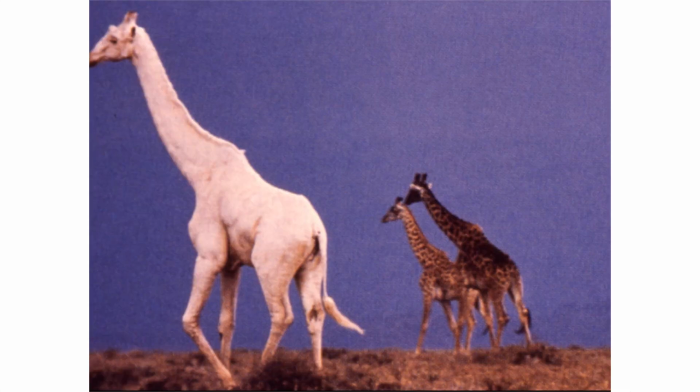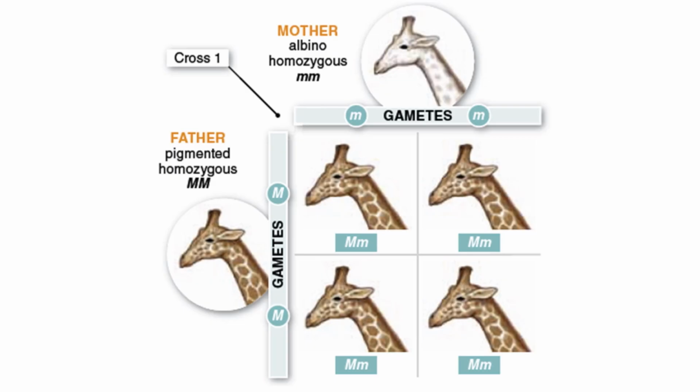They're albinos. They have a homozygous recessive condition for this pigment-producing gene. And if you were to cross a giraffe that has the homozygous recessive condition, we'll say two little m's for melanin, with a giraffe that is normally pigmented and is true breeding, meaning that they'd always produce the same one.